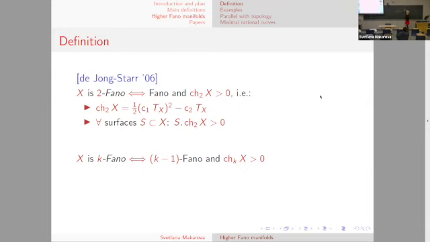And Chern 2 of V will be a linear combination of codimension 2 subsets. And going on up to CHK, we can say that X is K-Fano if it is K minus 1 Fano and CHK is positive in a similar sense, that its intersection with a K-dimensional subset is going to be positive.